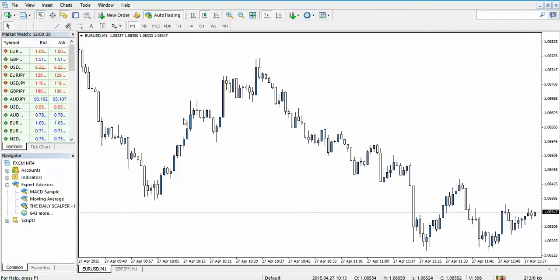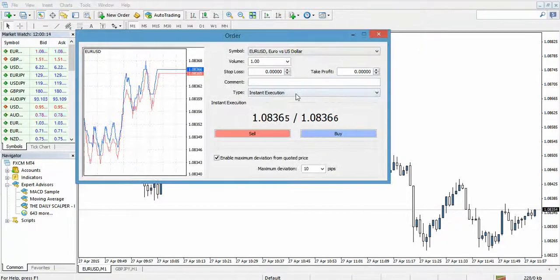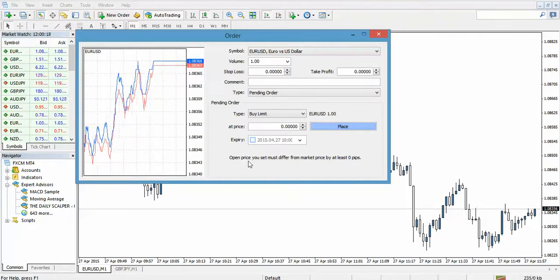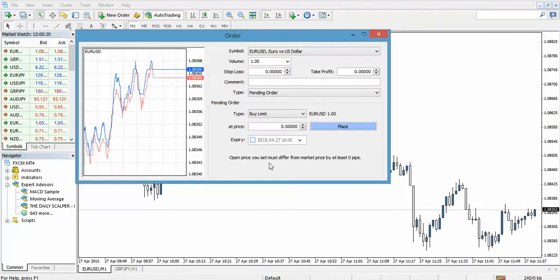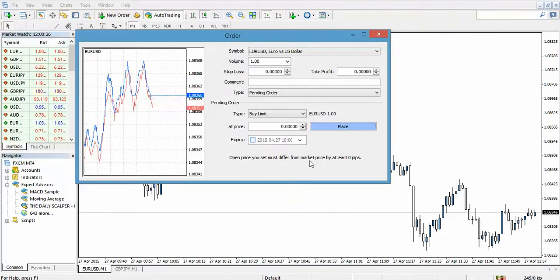To check your broker limit, right click, hover over trading and go to new order. Select pending order and you'll see at the very bottom it'll tell you what the price difference must be between your order price and the market price, there may be a limit in there.